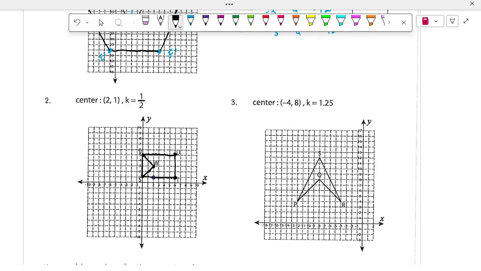Dividing it by 2. All right. So it's pretty much the same process. The only difference is that since the center is on our shape, then our shape is going to fall on the same line as the others. It'll be pretty much on the same line.